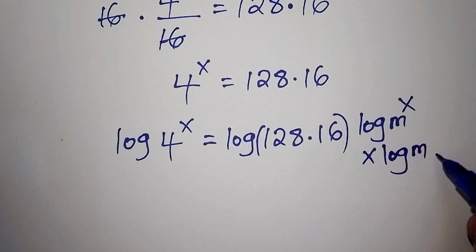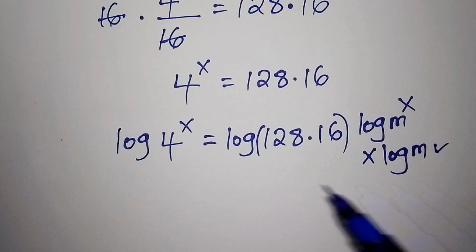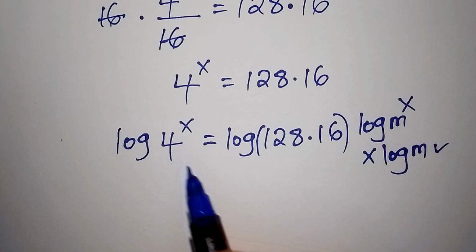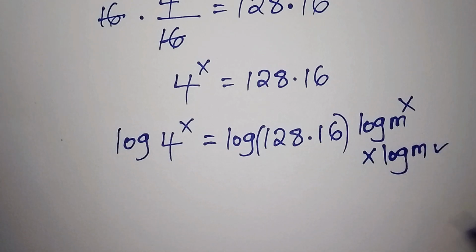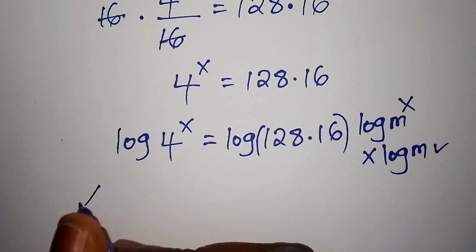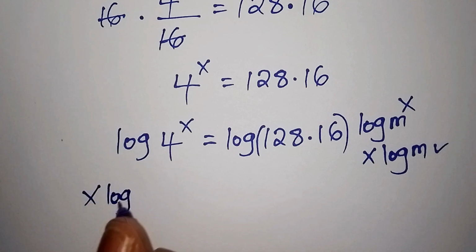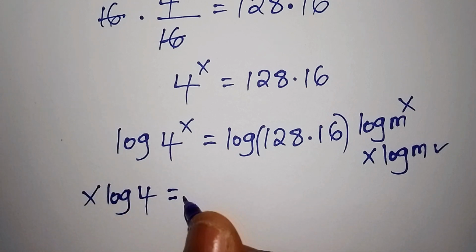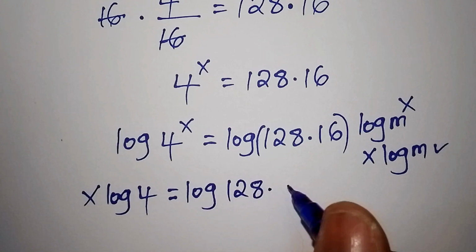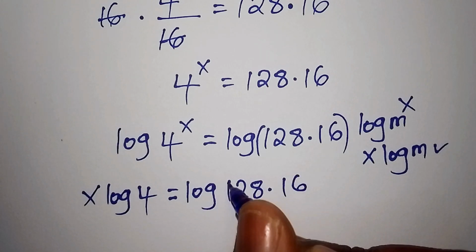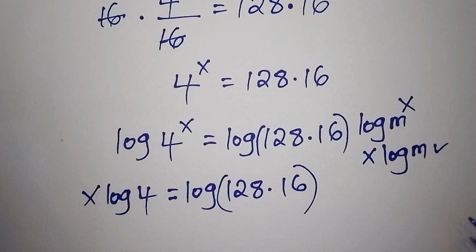This one is just an example. So meaning that our log of 4 to the power of x, when you put it into this form of x log m, shall now be written as x, the log of 4, which is equals to the log of 128 multiplied by 16, then all this into brackets.